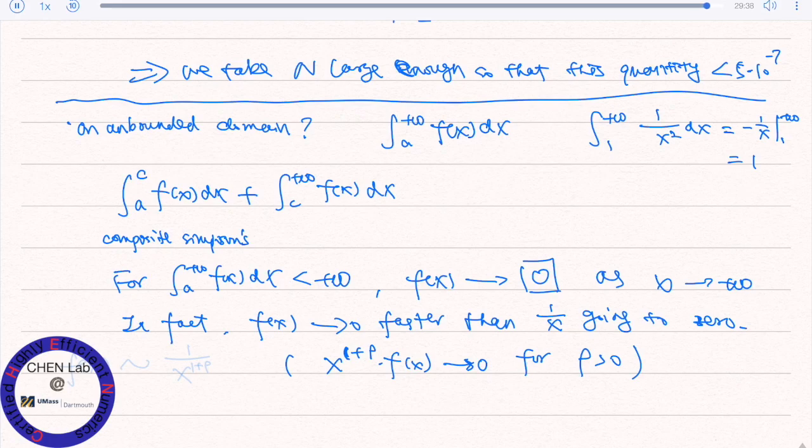So this is what I just said. We cannot integrate 1 over x, but we can integrate 1 over x to the 1.1 or 1.01, as long as the power is larger than 1. So f of x should be more or less like 1 over x to the 1 plus rho for tiny rho.